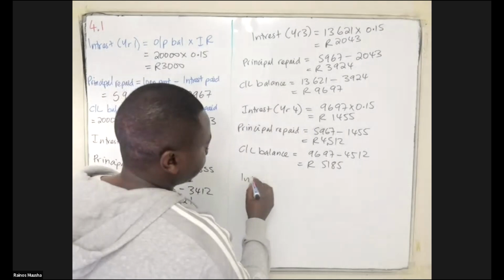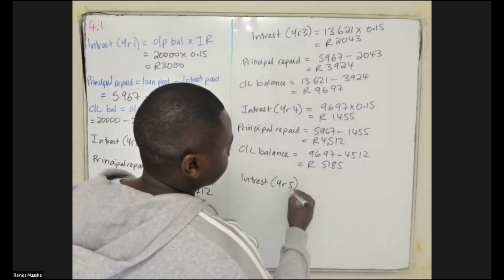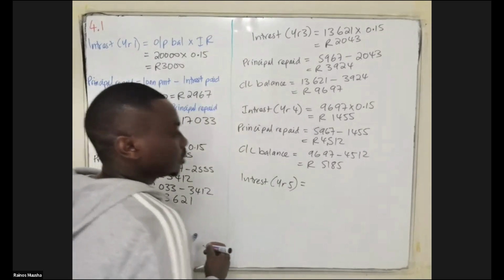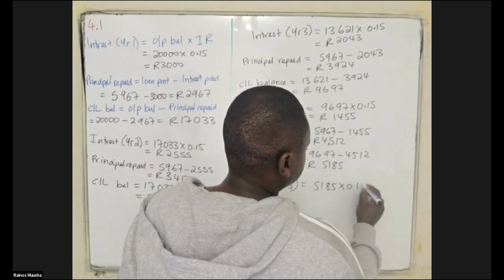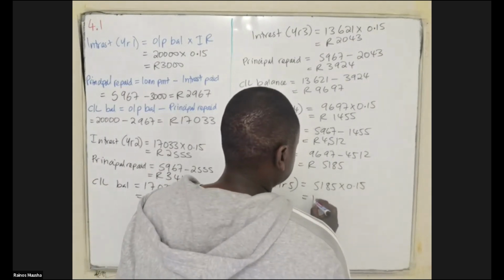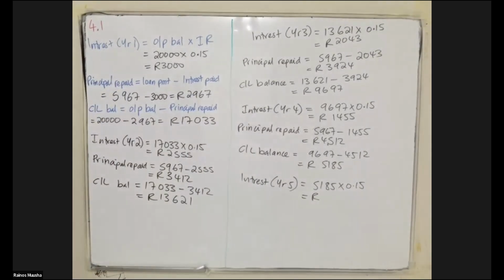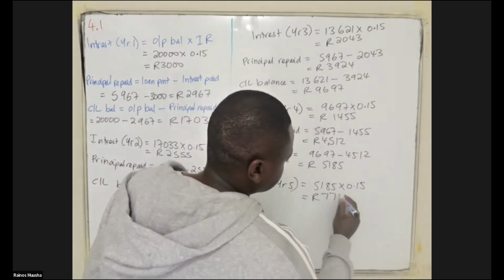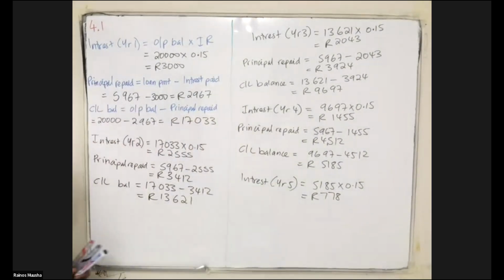Then your interest for year 5 will be equal to the opening balance of 5,185 multiplied by 0.15, and you should be able to get a figure of 778. So that's your interest for year 5.